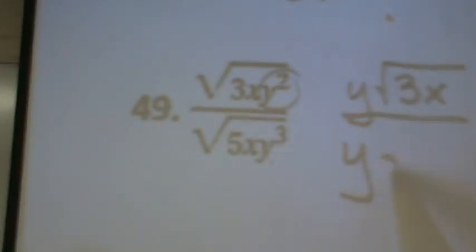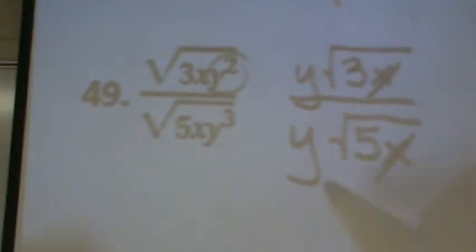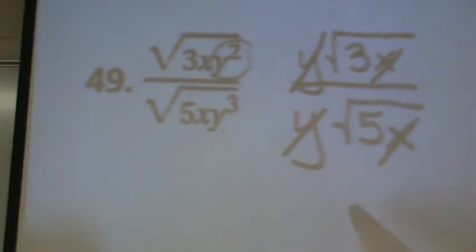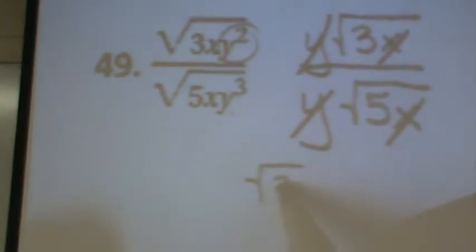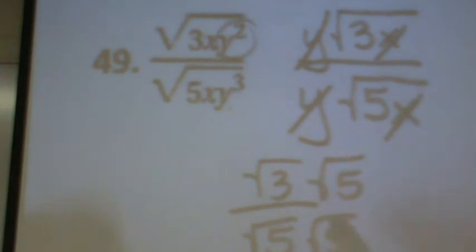And you have root 5x. Another thing that I see is these x's can cancel, and these y's can cancel. So really all you have to do is rationalize this. So you really have the square root of 3 over the square root of 5, times root 5 over root 5. So it's root 15 over 5.